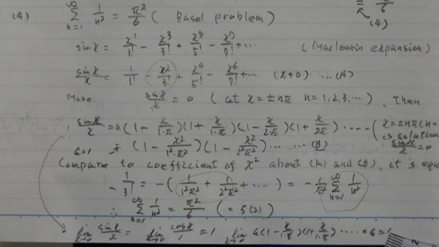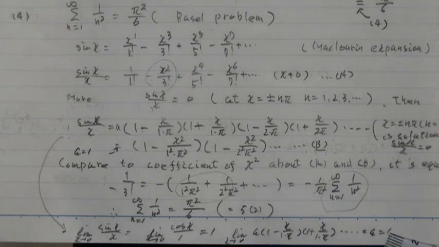And parenthesis 4: the sum from n equals 1 to infinity of 1 over n squared equals pi squared over 6. This is the Basel problem.